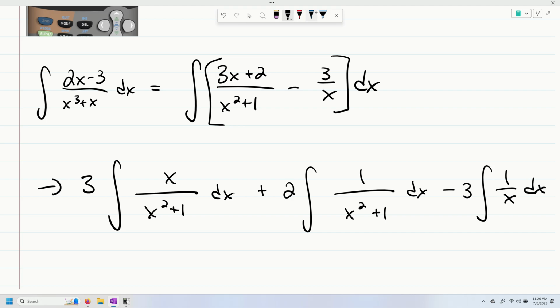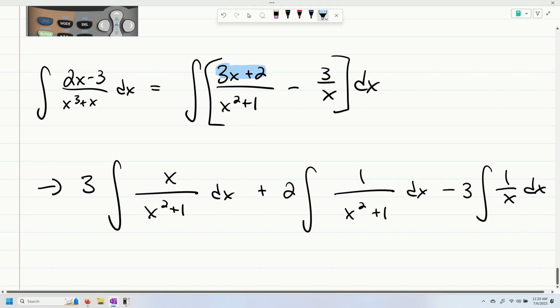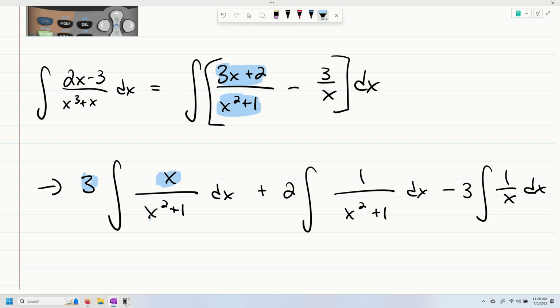So all I did here is I took my numerator and I took this denominator and I separated them. So like right here is your 3x over x squared plus 1. Right here is your 2 over x squared plus 1. And I just moved each one of those coefficients out front. So like I said, it's just a little bit of algebra. It's nothing too crazy. Nothing you haven't seen before.